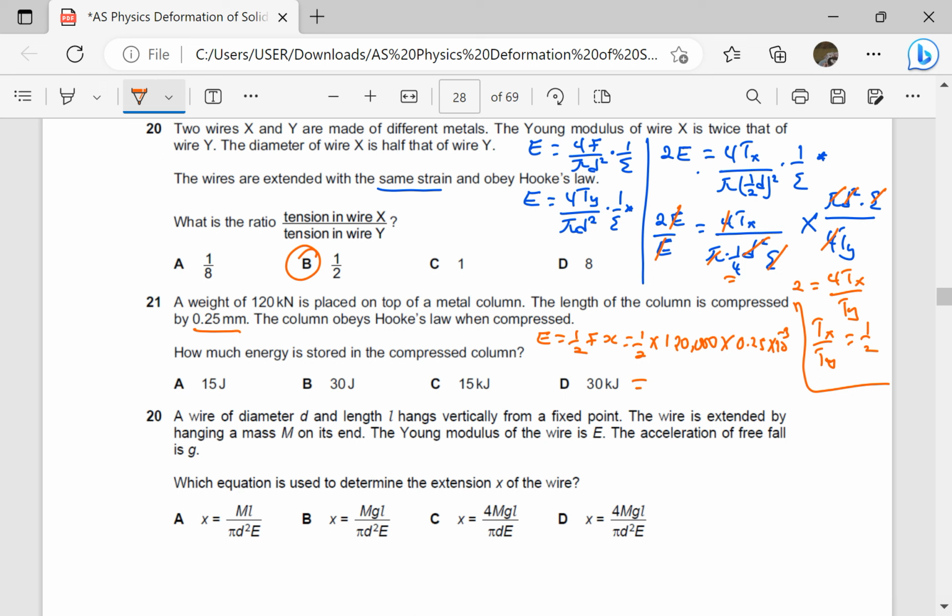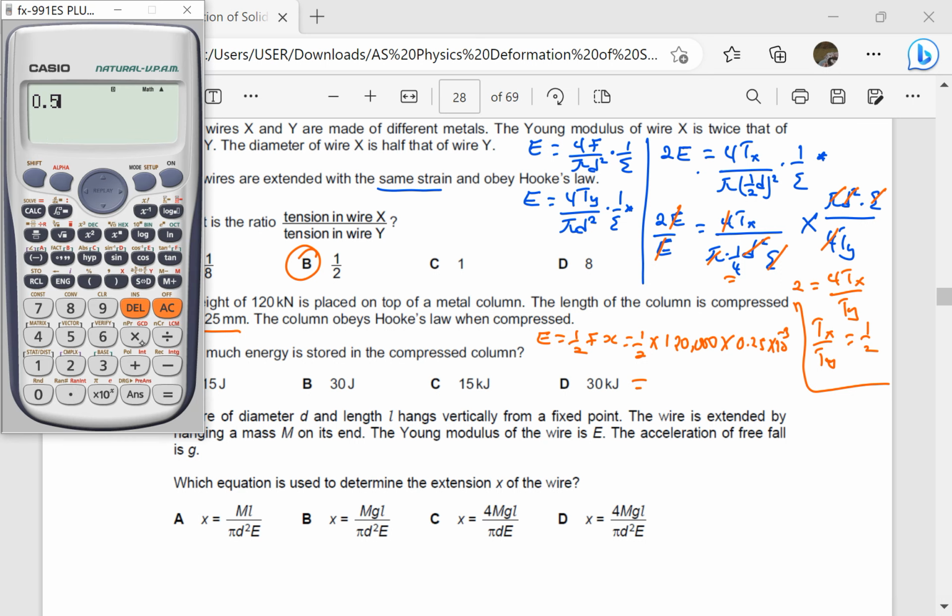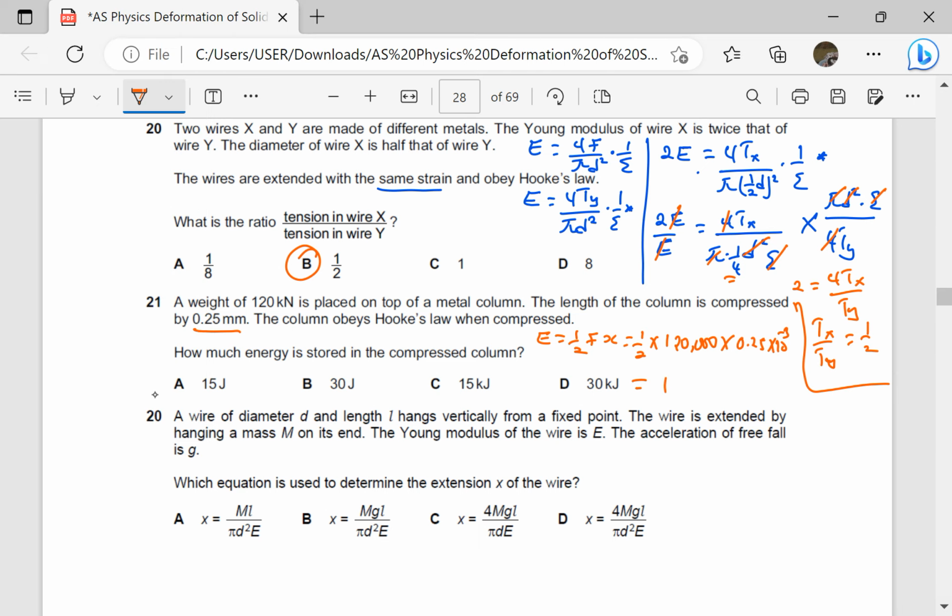So I'll just press my calculator. This is giving me 15. So this is 15 joules, not kilojoules, it is 15 joules.